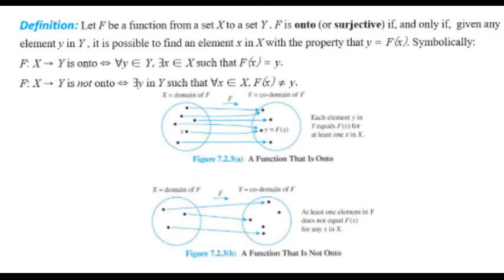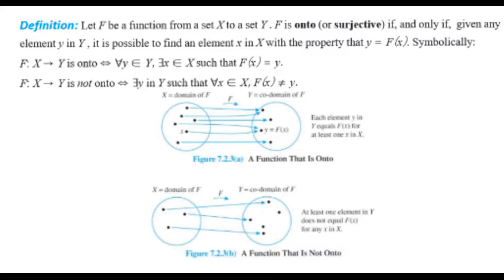We say f is not onto if and only if, since the definition of onto was a universal statement, here we should have an existential statement in the negation of that statement. So f is not onto if and only if there is some element in the codomain like y such that for every element of the domain like x, f of x is not equal to y.